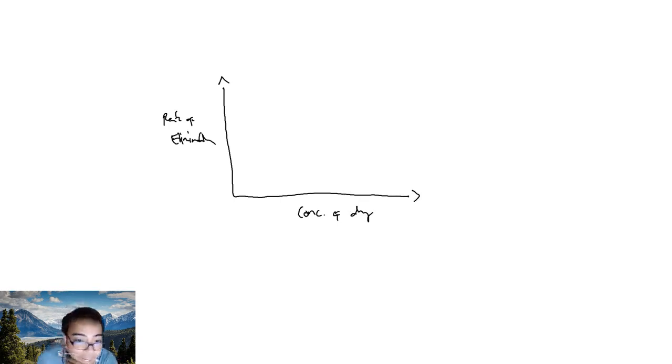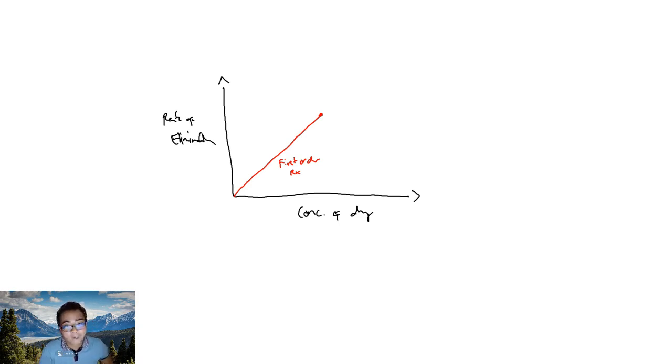So, normally, class, when you increase the concentration of a drug, tumataas din ang rate of elimination, correct? And when that happens, class, that follows first order reaction. Correct? Ang sabi natin sa first order reaction kasi it's concentration dependent. So therefore, as I increase the concentration of the drug, rate of elimination also increases.